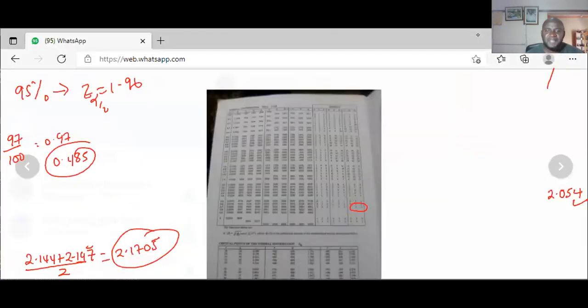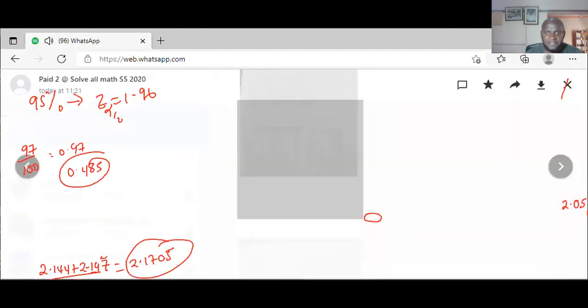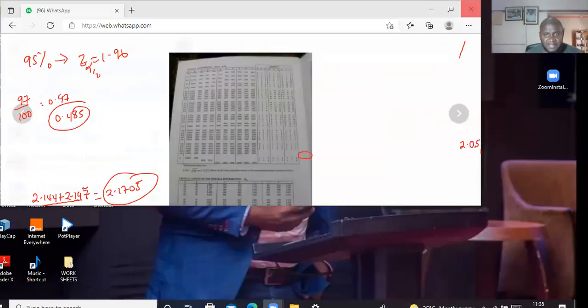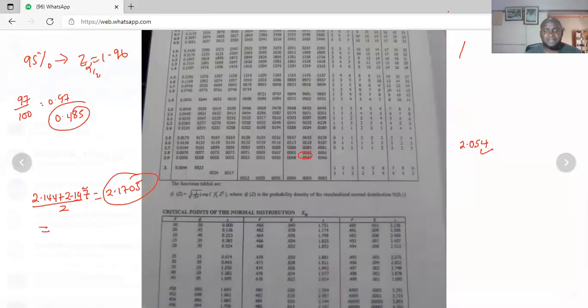Very good. I have said page 50 is very good for use if the confidence is a whole number. For example, they have given you 97% confidence, or 98% confidence. It is always good to come to page 50.